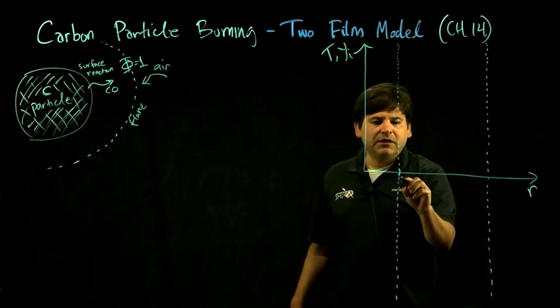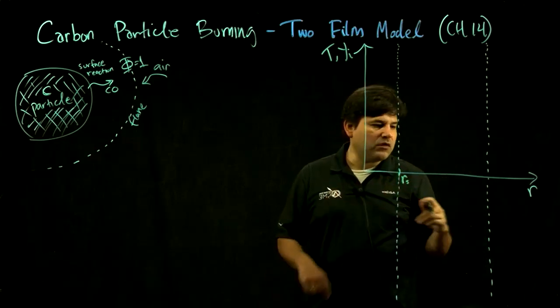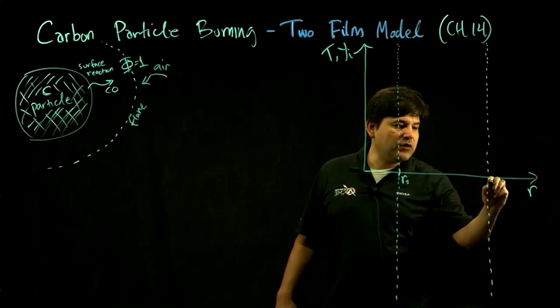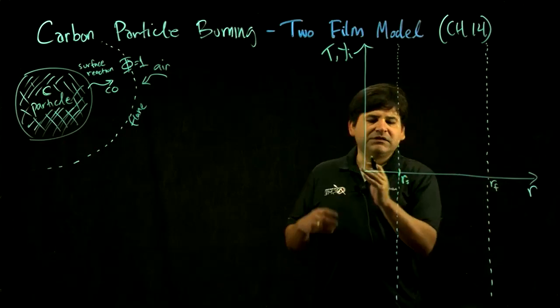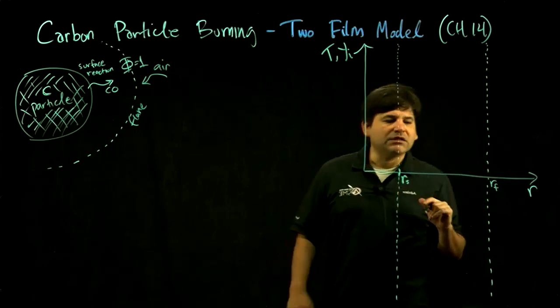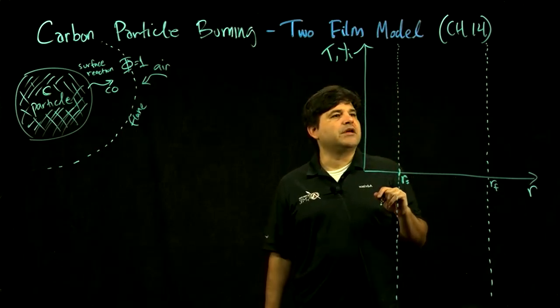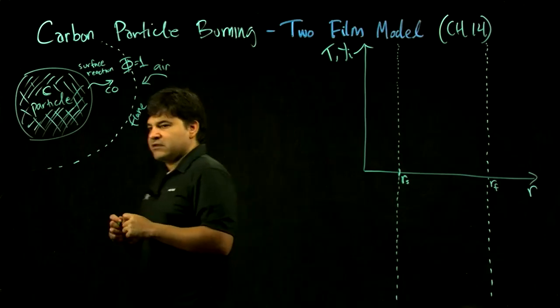So this would be the radial position of the surface, how big the particle is, and this would be the radial position of the flame. So at some distance away from the center line, you have the flame sitting there, at some distance the surface from the center line. And what happens is there's two interfaces, two films.